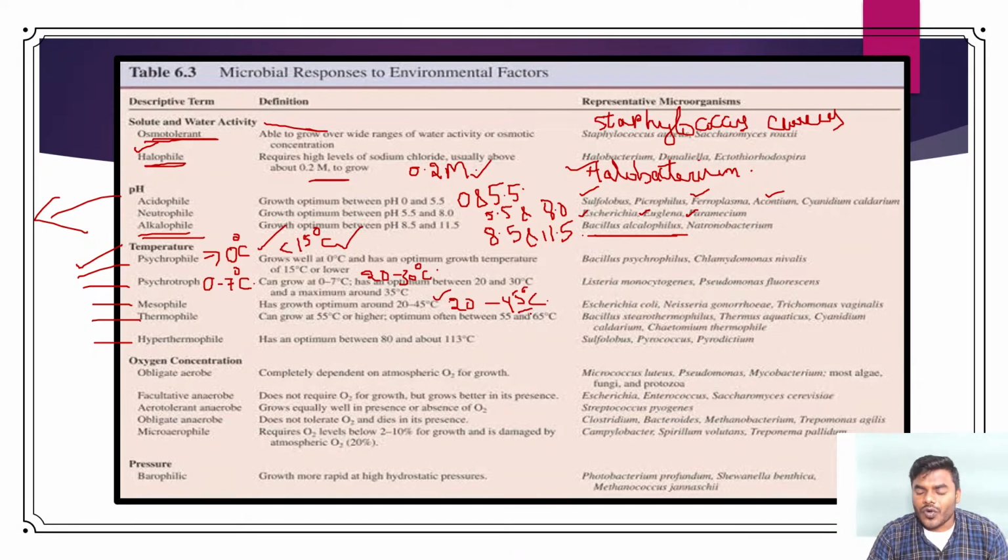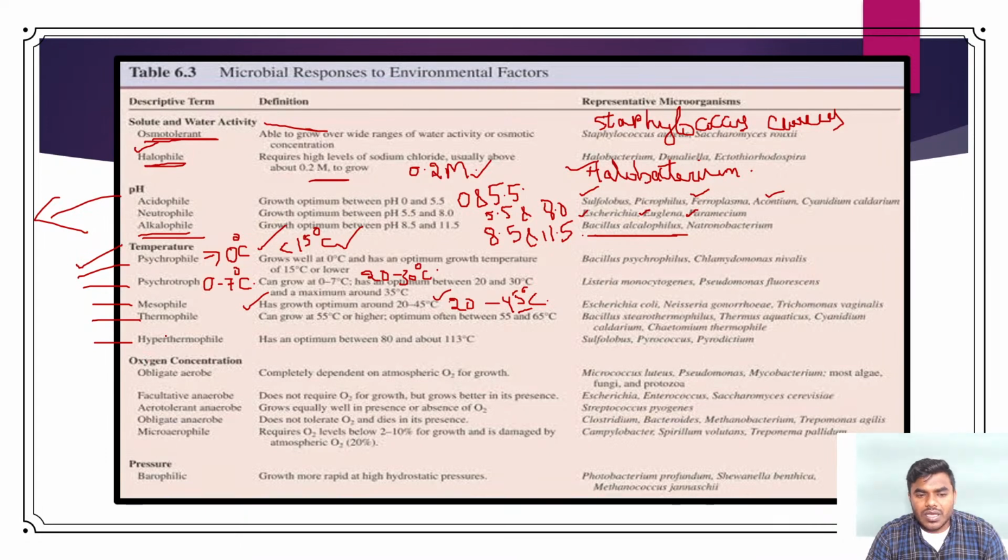And at the same time, if the temperature is repeatedly 45 degrees centigrade, our survival ability will automatically decrease. Mesophiles are the same, friends. They have the ability to grow optimally between these temperatures. So if it is below 20 degrees centigrade, it cannot grow. If it is above 45 degrees centigrade, it cannot grow.